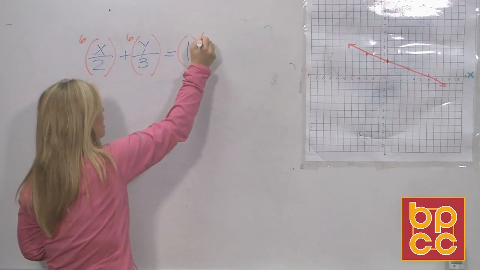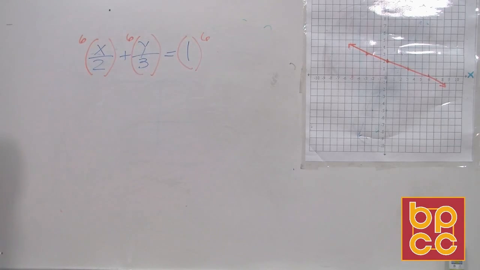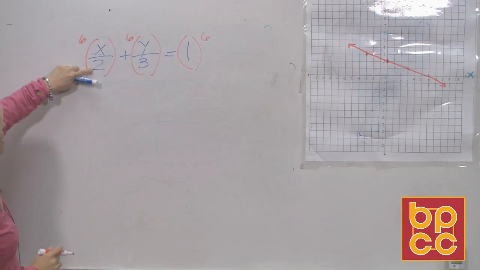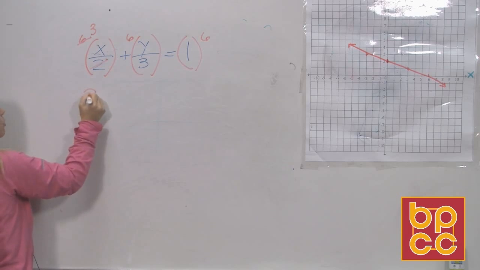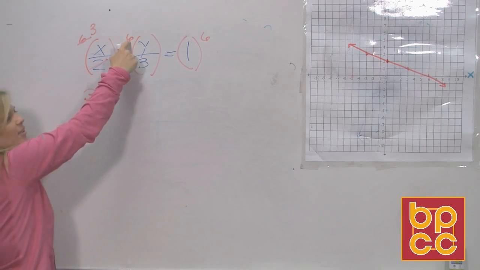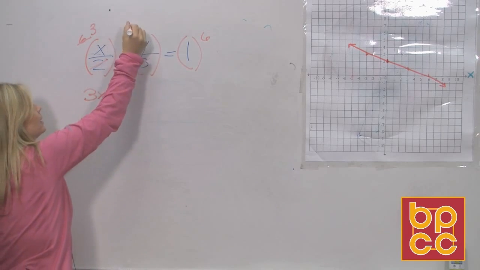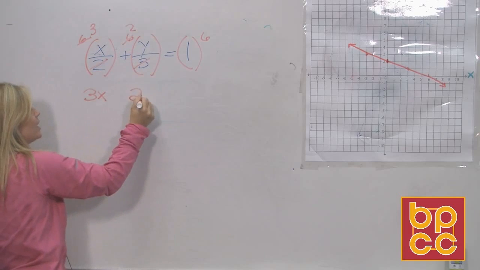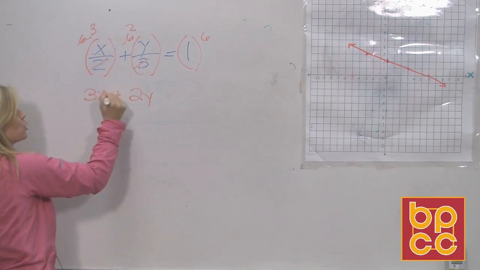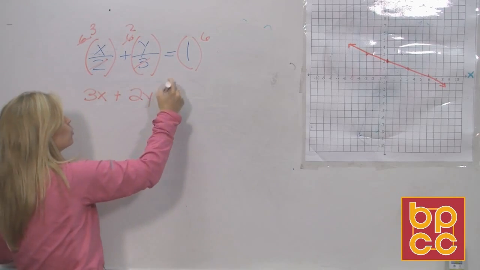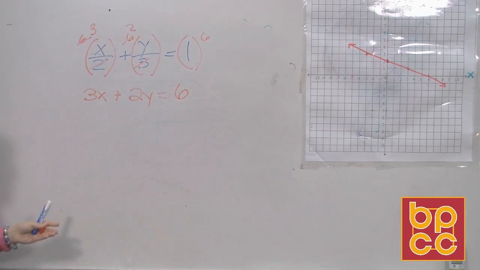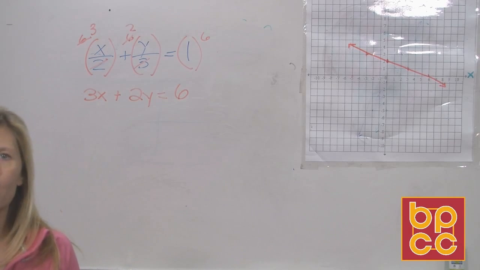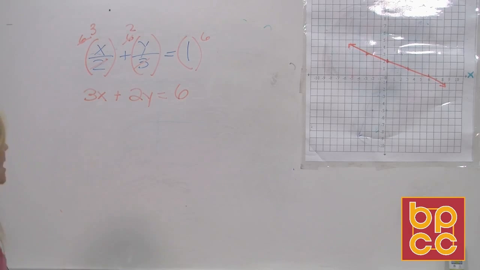We got to multiply the right side by 6. So 6 divided by 2 makes 3, and 3 times x is 3x. 6 divided by 3 is 2, and 2 times y is 2y. And there's a plus sign between them, equals. There's no division here, so 1 times 6 is 6. Now, do you agree with me? Now that you got rid of the fractions, you can now move the terms to get y by itself.